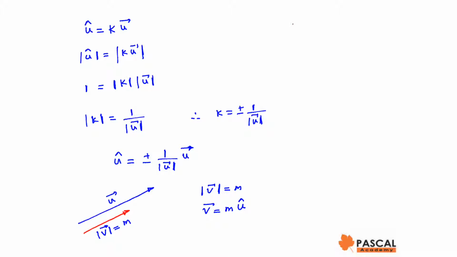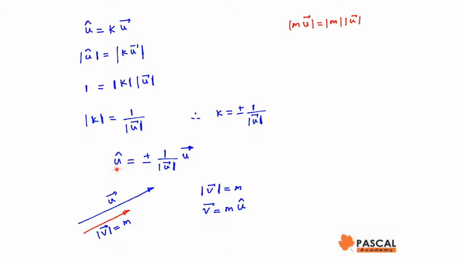Magnitude of m times u is absolute value of m times magnitude of u. Therefore, 1 is magnitude of k times magnitude of u, which is absolute value of k times magnitude of u. This means absolute value of k is 1 over magnitude of u, or k is either plus or minus 1 over magnitude of u.